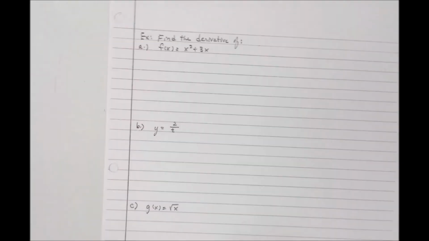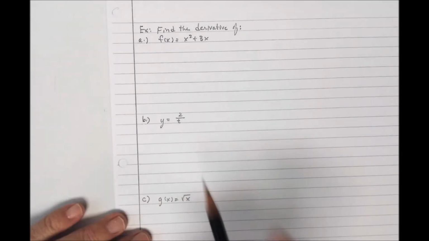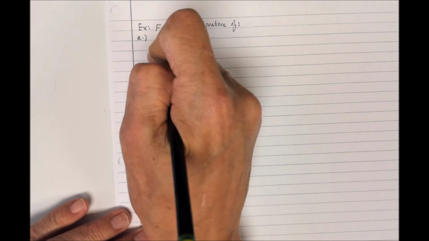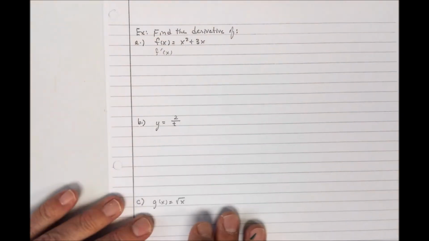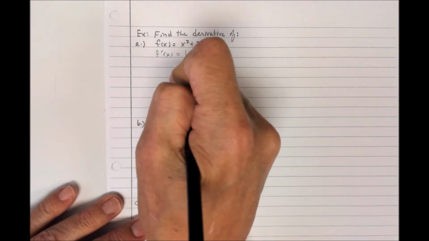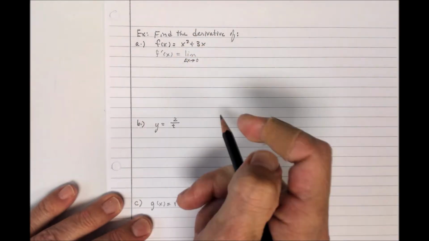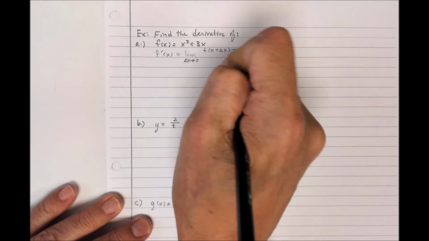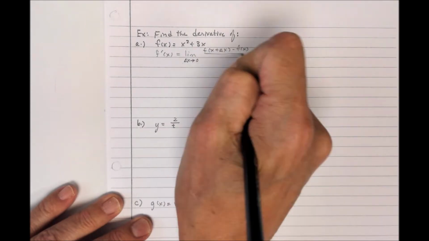Here we go. Let's find some derivatives. Now, f of x is equal to x squared plus 3x. F prime of x, can you see that all right? Okay, is equal to the limit as delta x goes to 0 of f of x plus delta x minus f of x all over delta x.